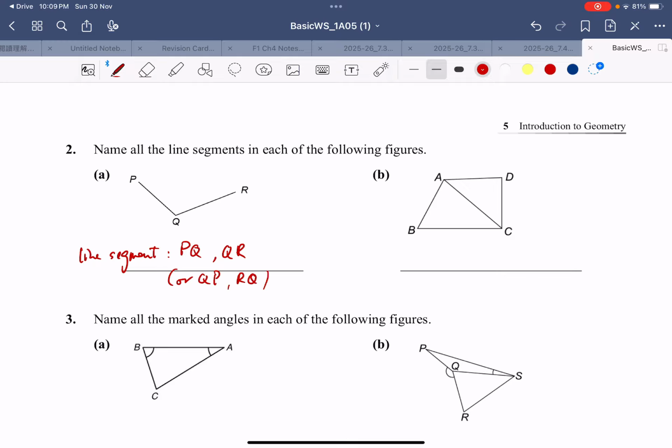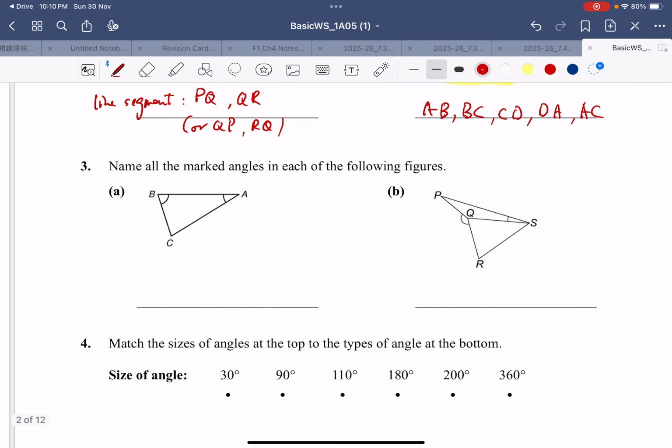Question B, you can have AB, BC, CD, DA, and also AC. So they are AB, BC, CD, DA, and AC.